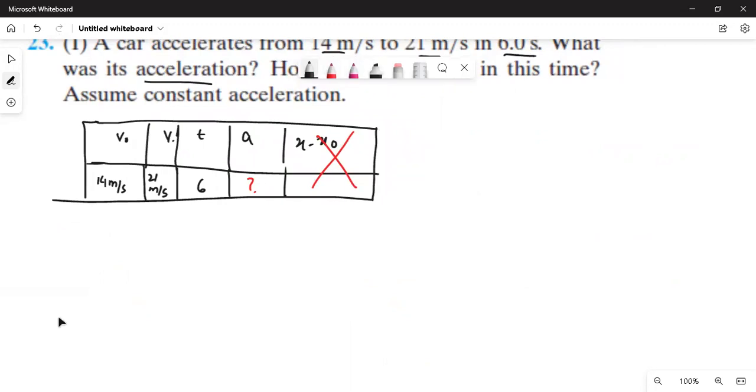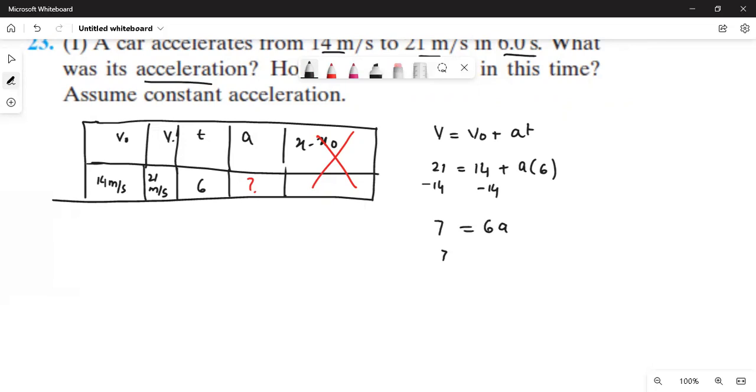That is v is equal to v naught plus at. V is 21, v naught is 14, so 14 plus a, which is to find, and time is 6. First step, I will subtract both sides by 14. So 21 minus 14, 7, is equal to 6a.